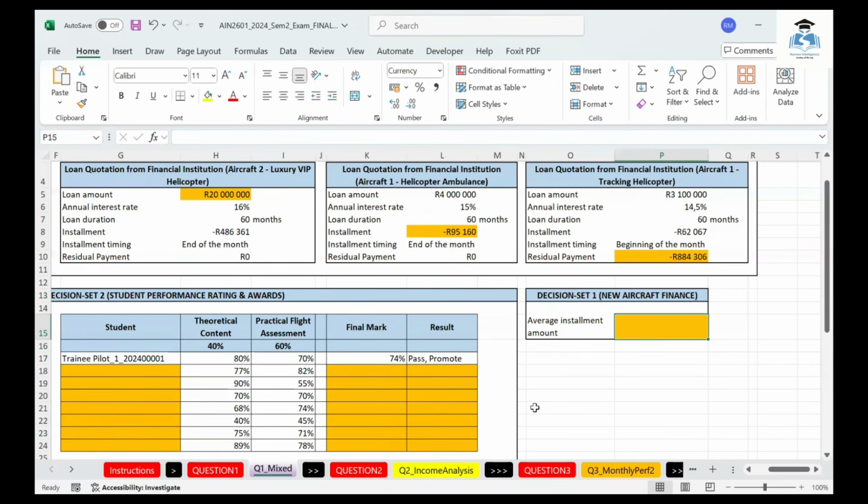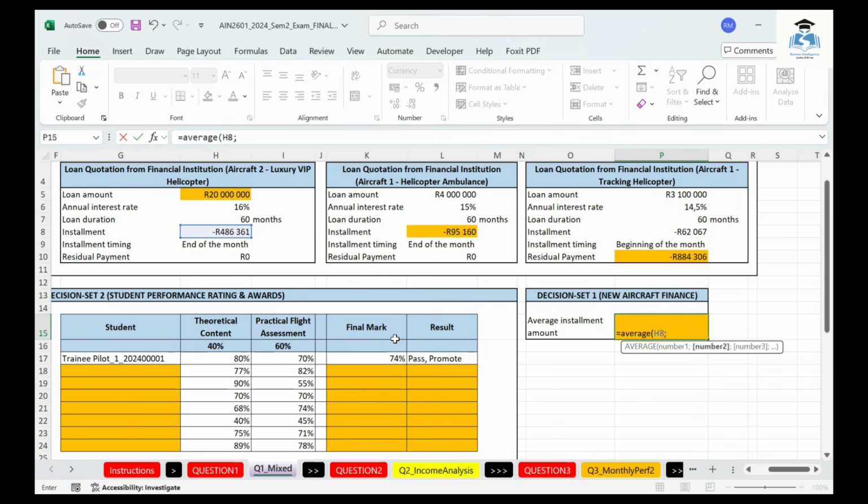Can I try? Yeah, you can. Say it's equal to average, then H8, then L8, and then P8.